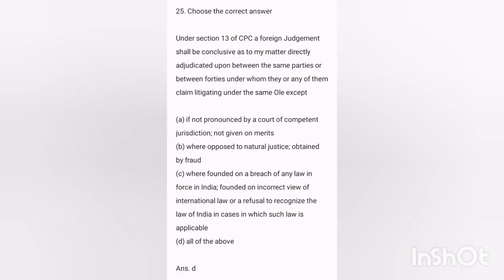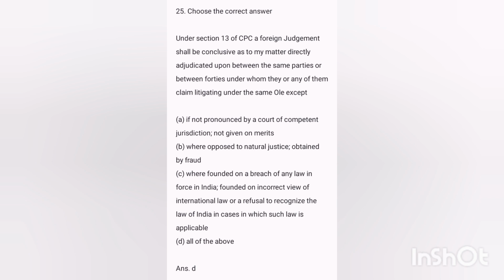Under Section 13 of CPC, a foreign judgment shall be conclusive as to any matter directly adjudicated upon between the same parties or between parties under whom they or any of them claim, litigating under the same title, all except.